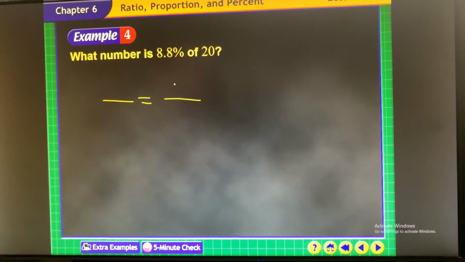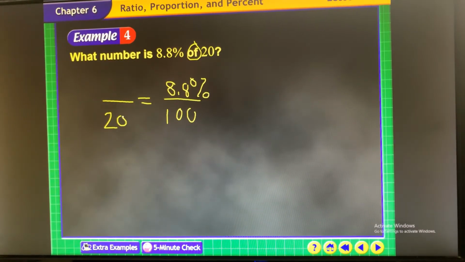This time I'm giving you the percent, so that's already given. And I'm giving you the "of." I want to know what the part is right here. I have 20, so this time you're going to go 8 and 8/10 times 20 divided by 100, and you get 1 and 76 hundredths.